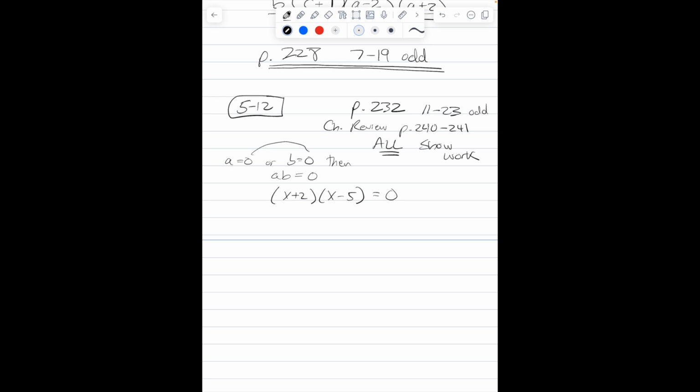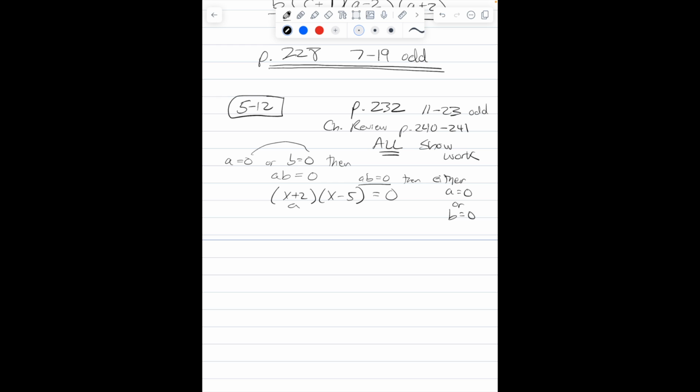And the other conclusion we can draw from that is that if the product of AB is 0, then either A equals 0 or B equals 0. One of those has to be true if, as factors, their product is 0.